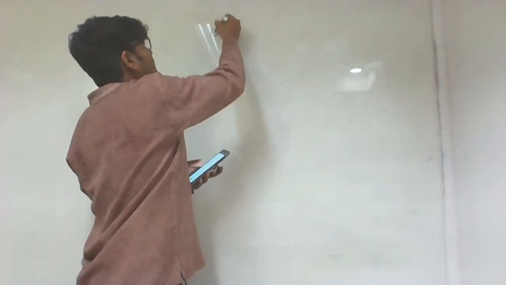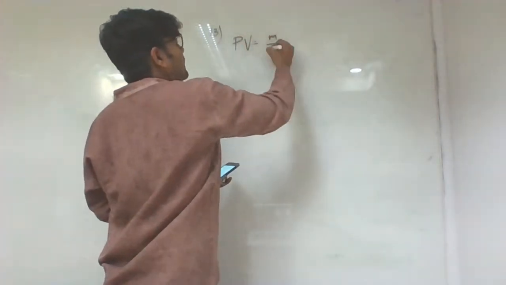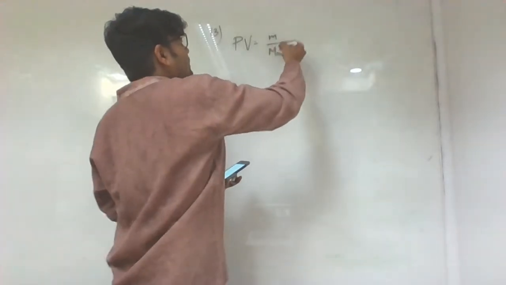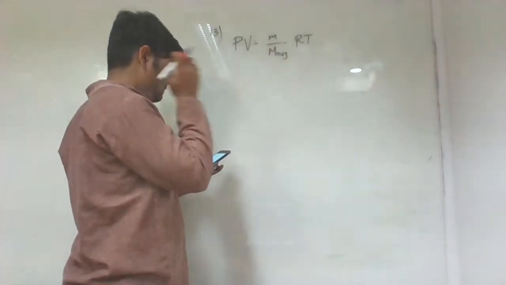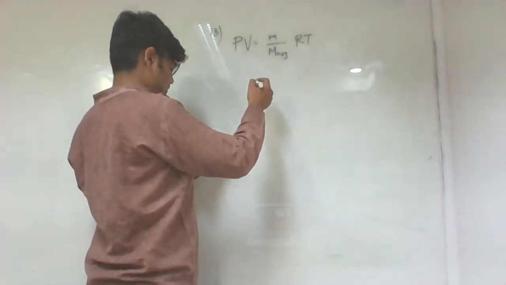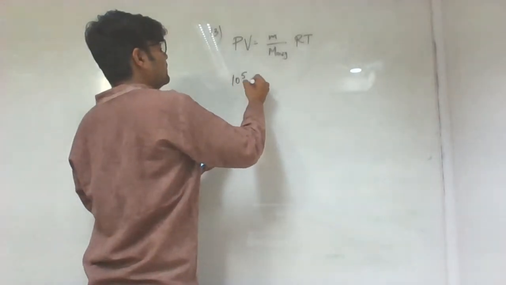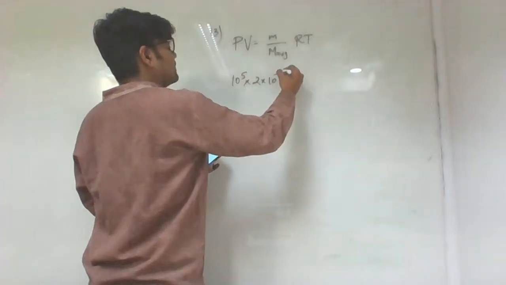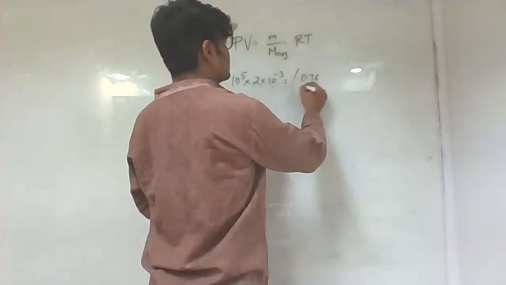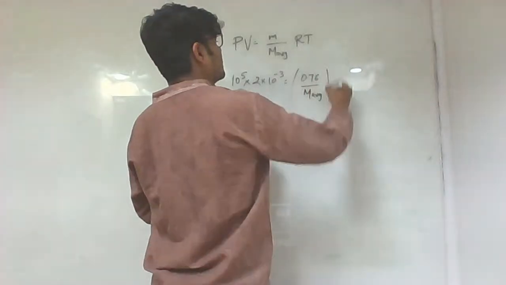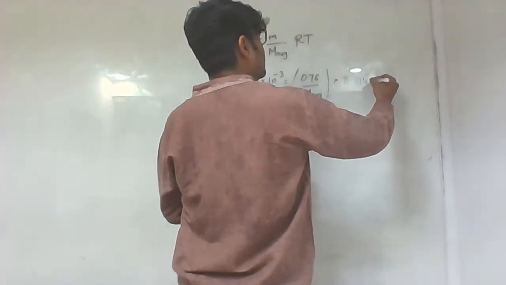Now we have the ideal gas law: PV is equal to M upon M average, the molecular mass, into R into T. The volume is 2000 centimeter cube, P is 10 power 5, and M is 0.76 grams. R into T is 8.314 into 3.